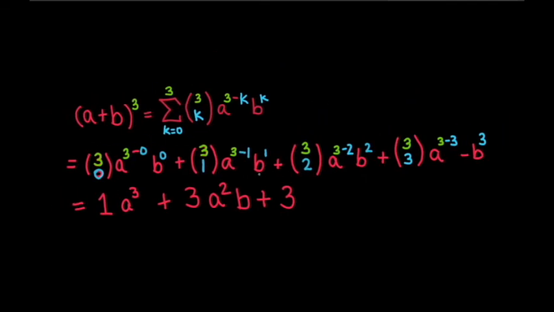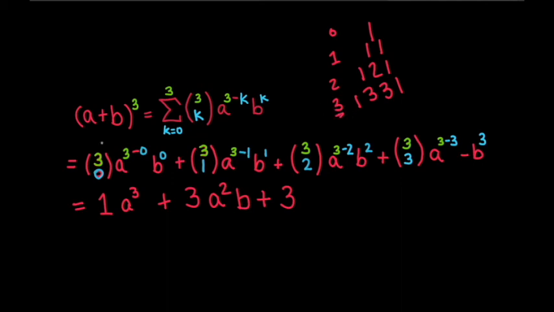And another quick tip, just when you're trying to find out what these choose values are: feel free to use that formula, n factorial over k factorial times n minus k factorial, that super helps. But honestly, if you can memorize Pascal's triangle and just go 1, 1, 1, 2, 1, 1, 3, 3, 1, and then be like, okay, cool. So this is row 0, this is row 1, this is row 2, this is row 3, and we know that n in this case is 3, so we should be looking here.